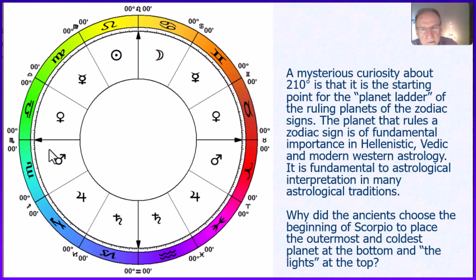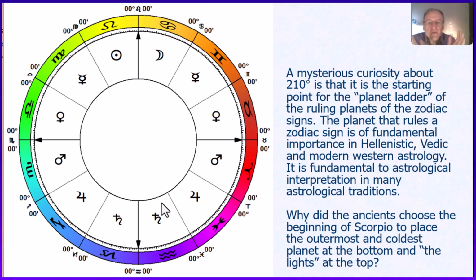But they do sometimes give you this diagram, though they don't know where the diagram comes from. If you put 0 Scorpio, 210, that number 210, at the beginning, you get a perfect, here's the word, symmetry. You put 210 on the left, and you get a perfect symmetry of these associated planets. As if they knew that 210 is the symmetry point upon which to base this.